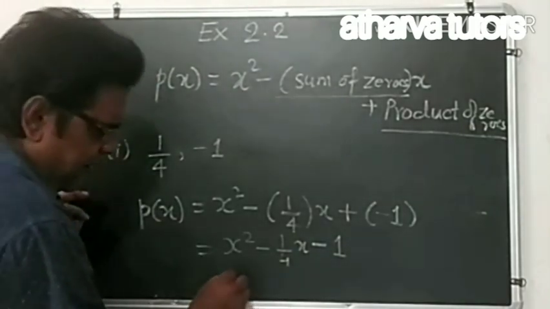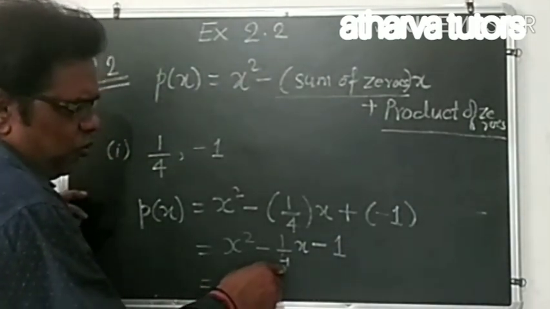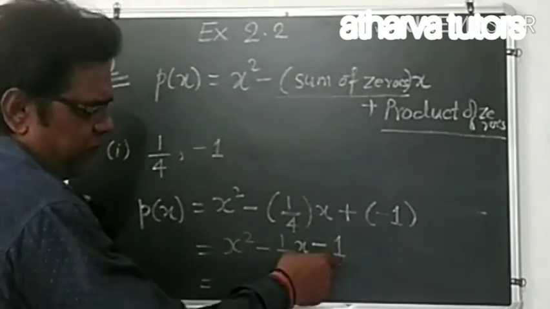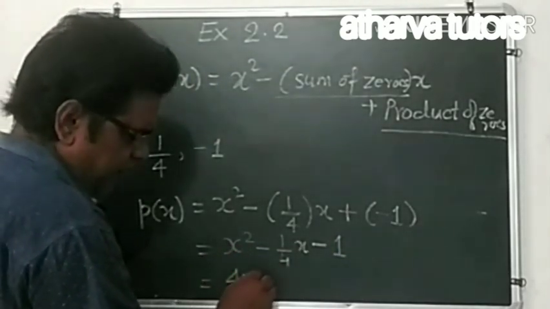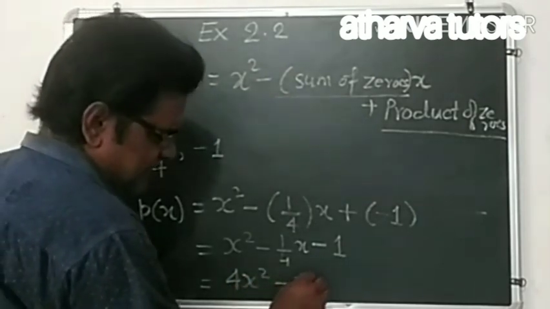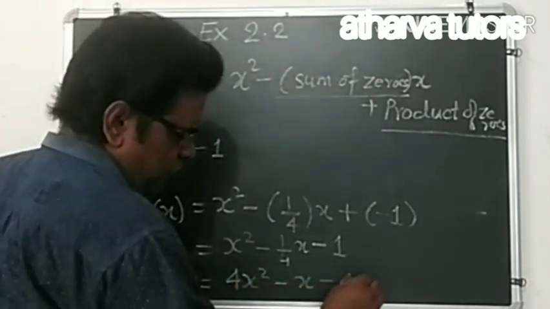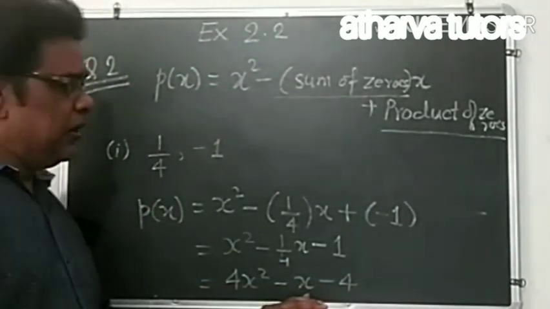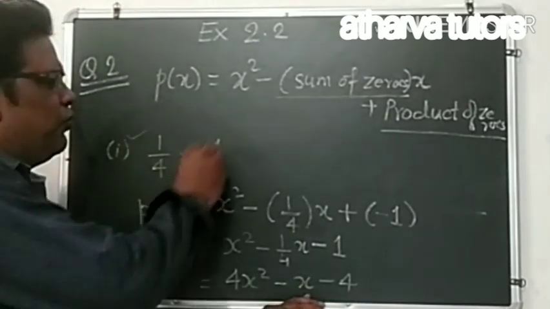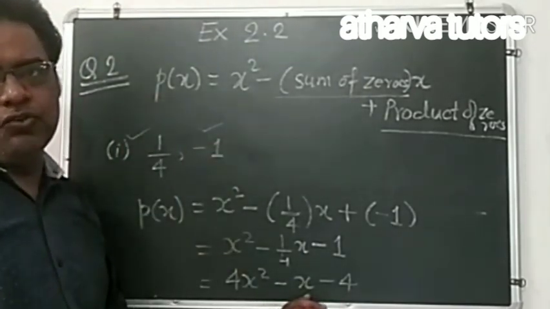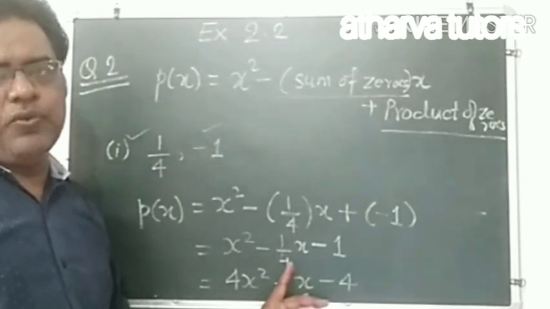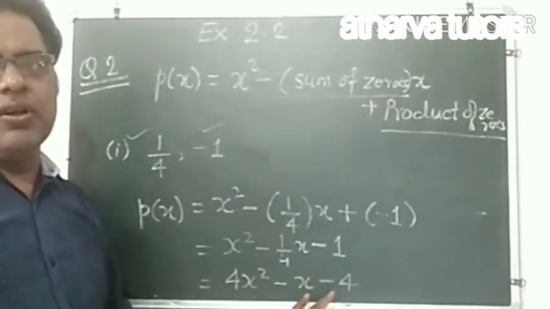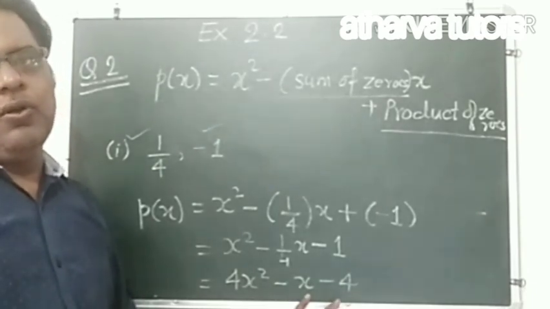If you want to remove the 4 from the denominator, you have to multiply all the terms by 4. So this will become 4x square minus x minus 4. This will be the quadratic polynomial if the sum is 1 upon 4 and the product is minus 1. This way you have to solve, and this type of question generally comes for 1 mark.